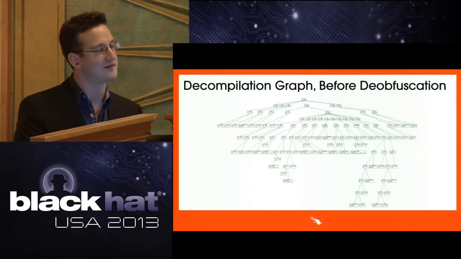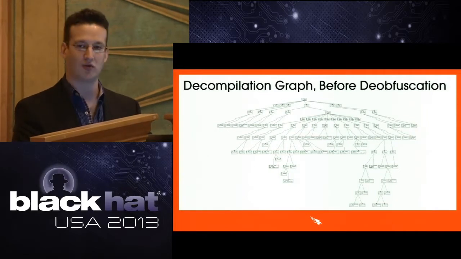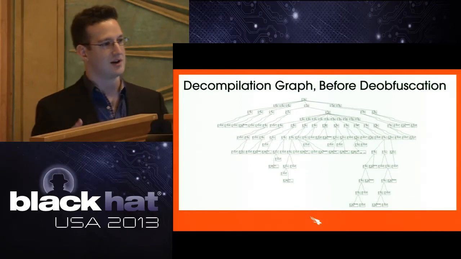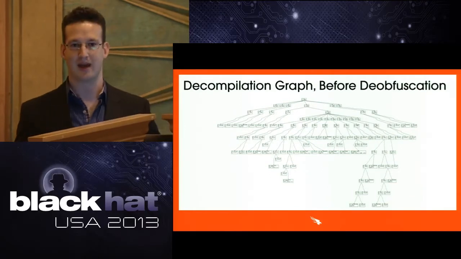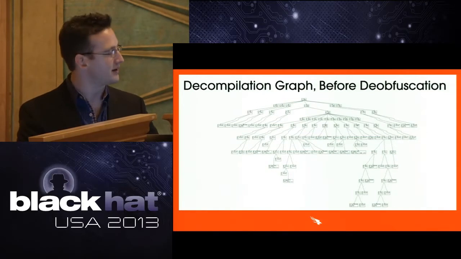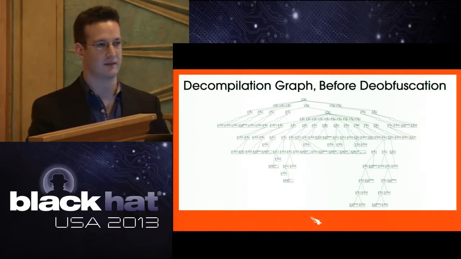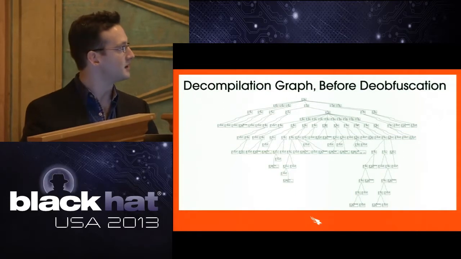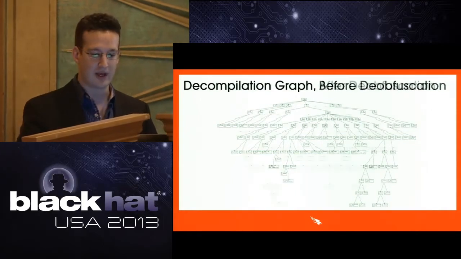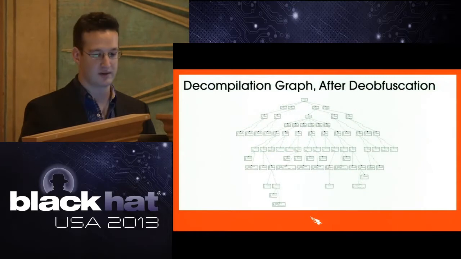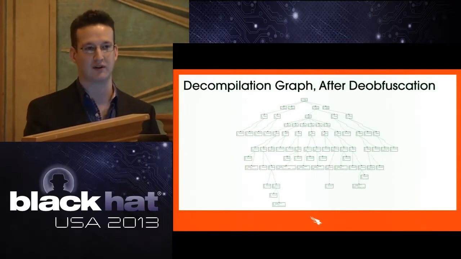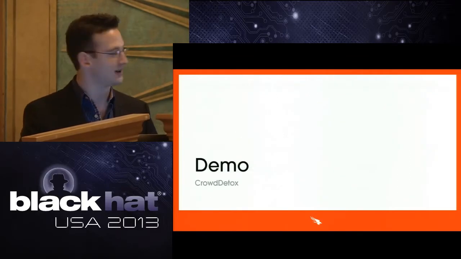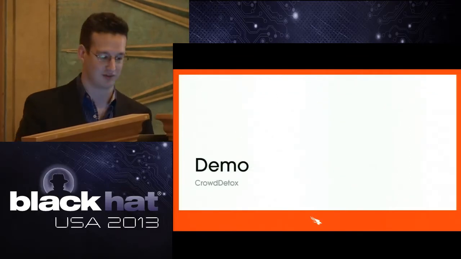That's actually a lot of nodes in a decompilation graph for a relatively simple function. For what it's worth, the function that we're analyzing here just initializes a one-time pad. After running the plugin to deobfuscate this decompilation graph, we end up with 71 nodes. That's a 39% reduction for this sample function. So let's take a look at this in action.